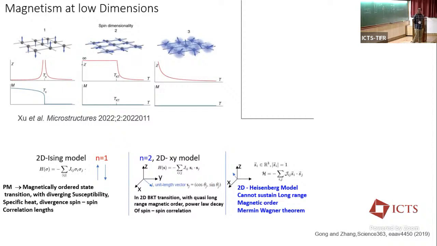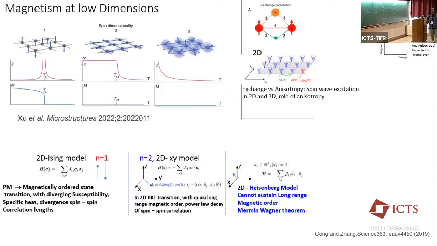If you go to the 2D XY model, then fluctuations start dominating and you lose the phase transition, but you still see a BKT-like transition because of binding and unbinding of defect pairs. But in the 2D Heisenberg case, with three-dimensional spins, the fluctuations kill all order inside the system, and you don't see any order emerging.